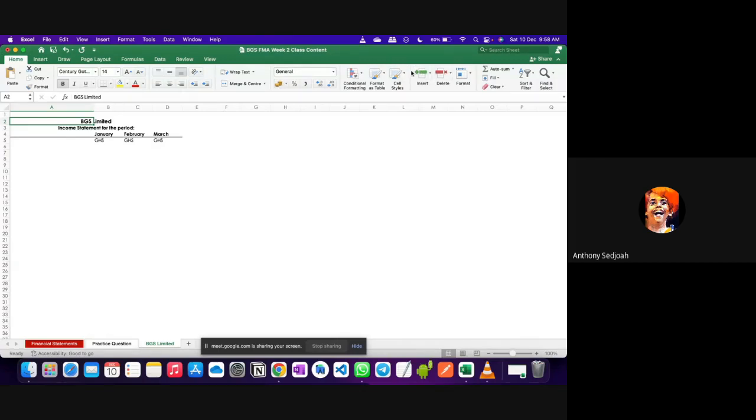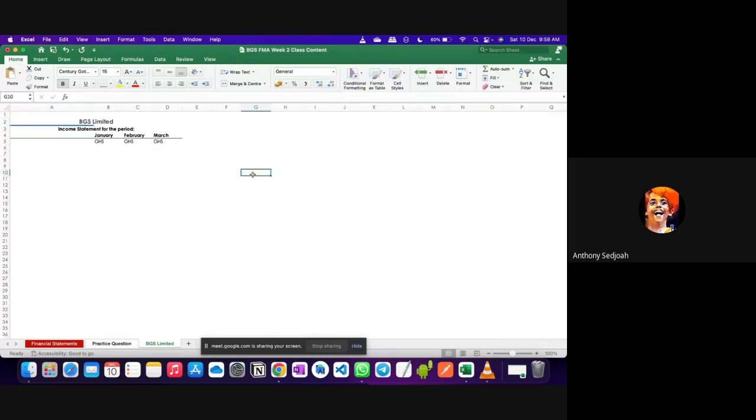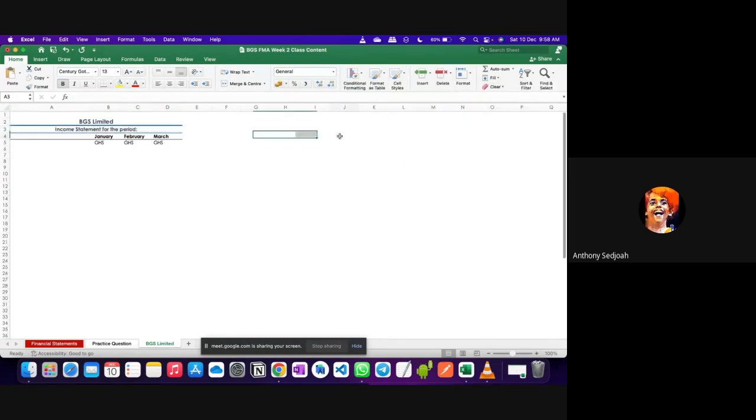So maybe you can come to cell styles, then select heading 1. Let me center align like this. Then the income statement for the period can be heading 2 or 3. Okay. Are we good?